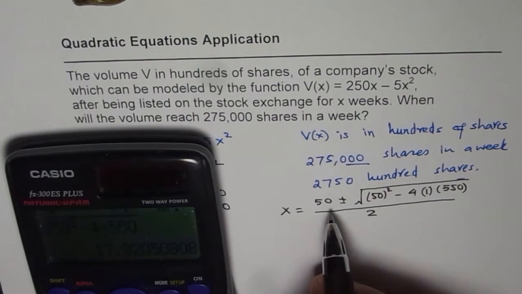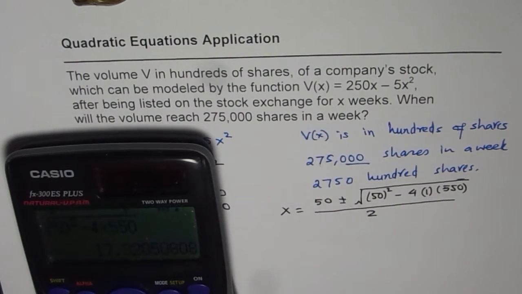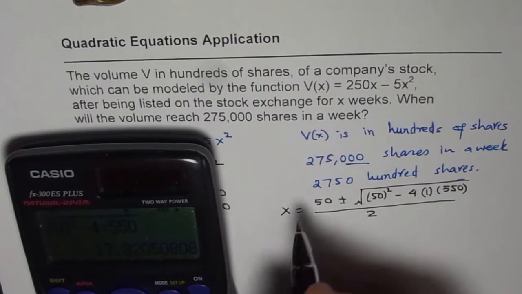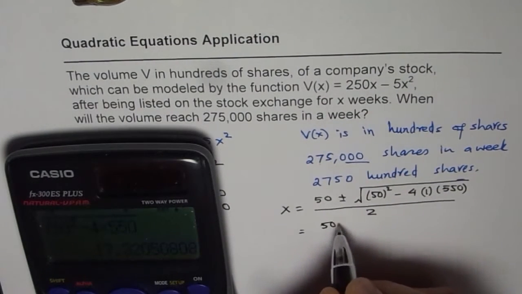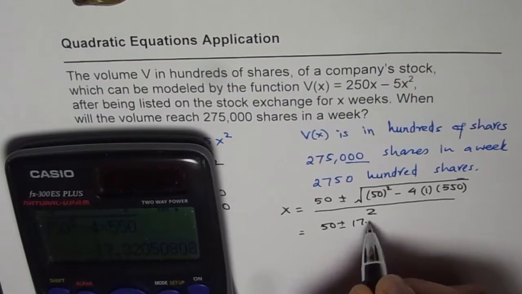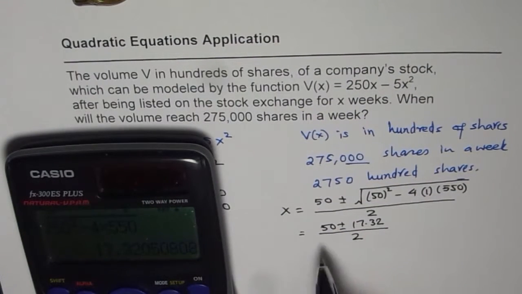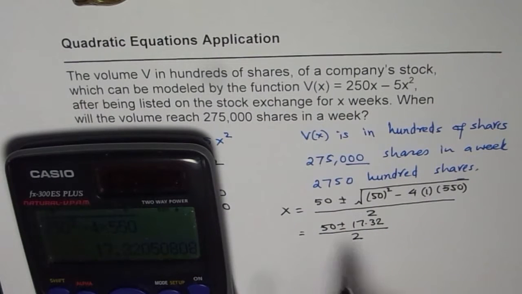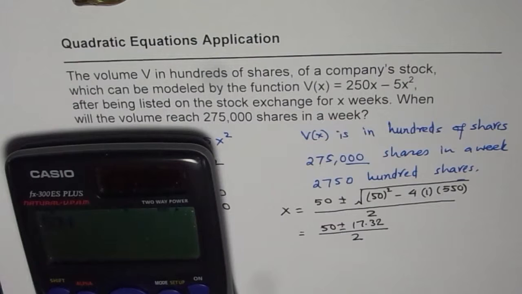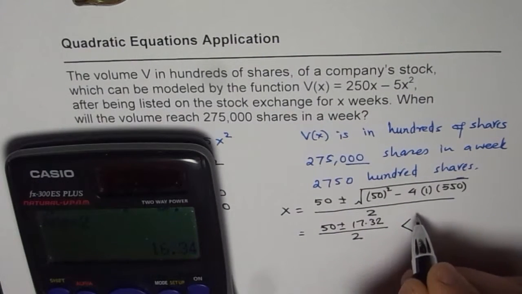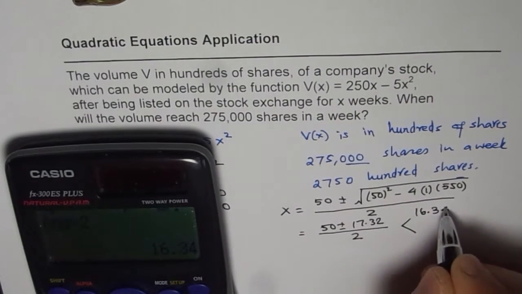So we can add and subtract this value. Let us find the earliest. We get 50 plus or minus 17.32, divided by 2. Take away 17.32 from 50: 50 minus 17.32 divided by 2 equals 16.34.